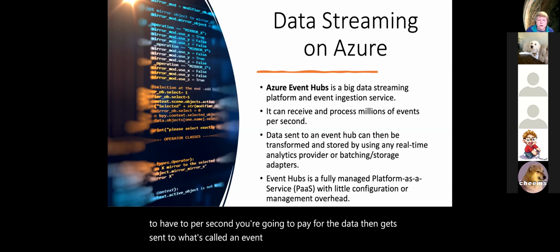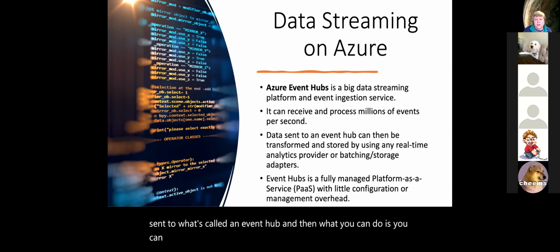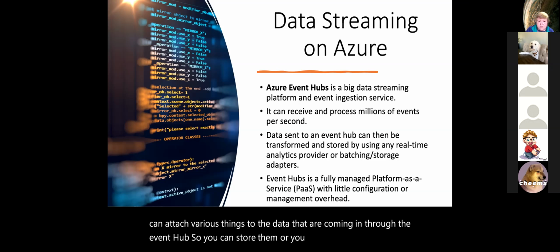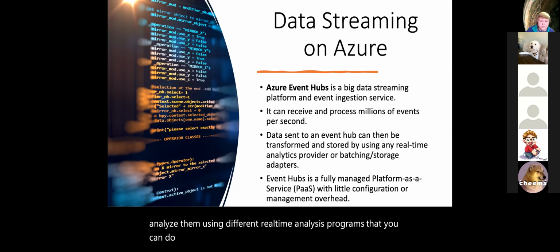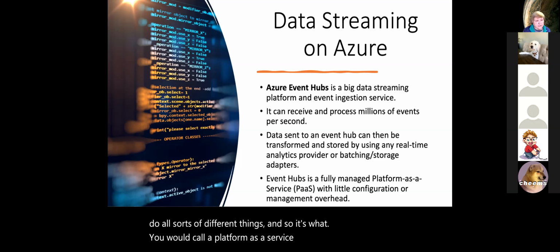And then you can attach various things to the data coming in through the event hub, so you can store them, or transform them, or analyze them using different real-time analysis programs. There are also storage adapters, so you can do all sorts of different things. It's what you would call a platform as a service, or PaaS, type of cloud application, fully managed, with little configuration management overhead.